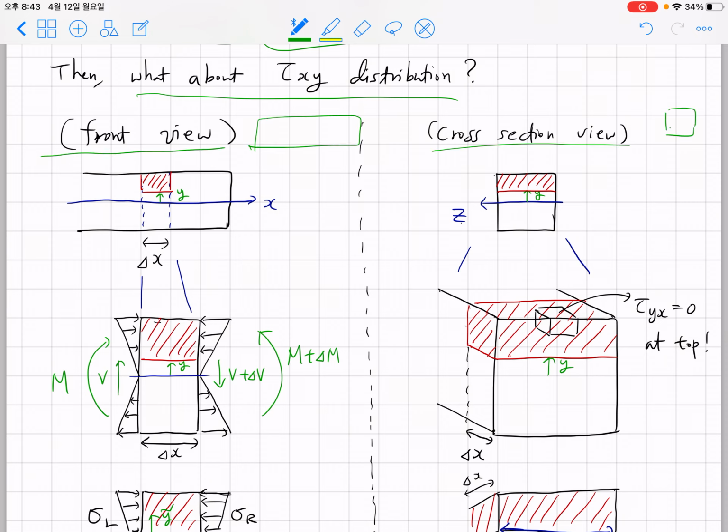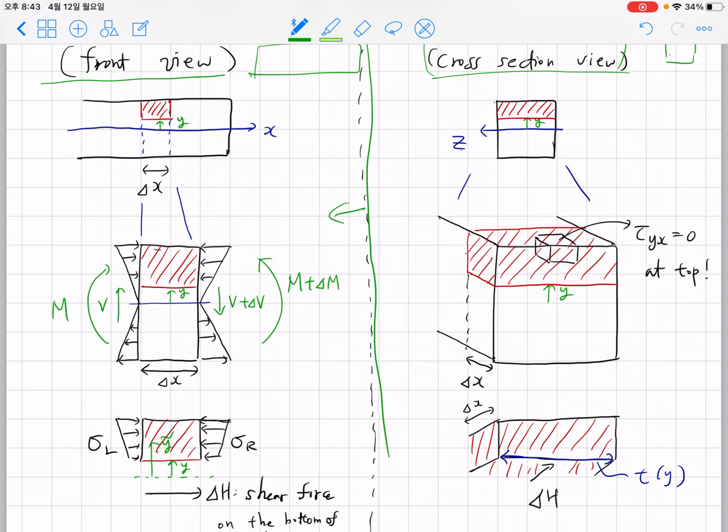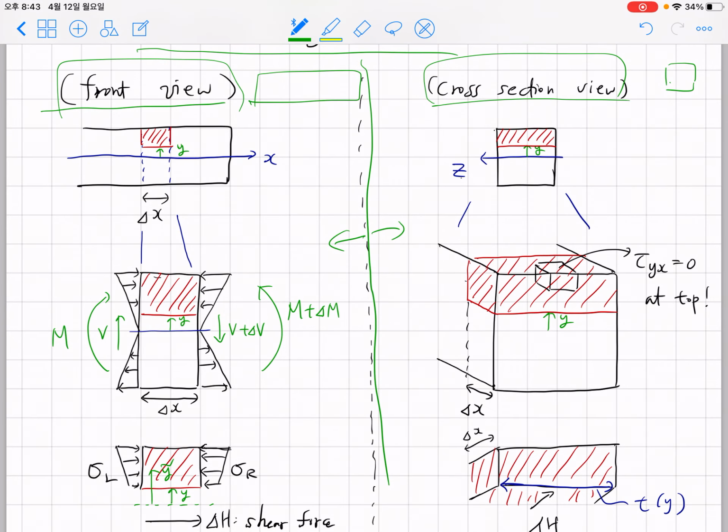Okay, so you're going to expect the front view on the left and the cross-section view on the right, and we are looking at exactly the same cross-section. So for the front view, when making the free body diagram, let's take an infinitesimal length delta x and take this area, and out of this slice, let's take only this red volume into final consideration.